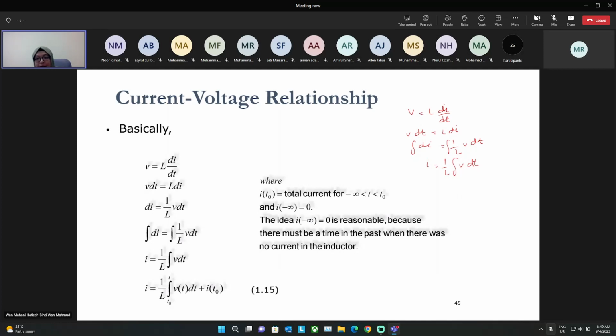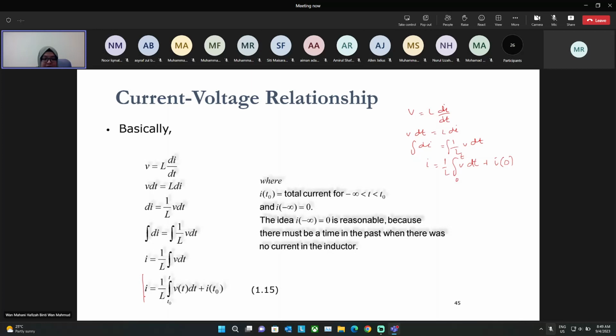When you do the integration, there is supposed to be an initial value. If you integrate from 0 to t, you need to add I at time 0. If the start is at 5 seconds, then it is I at 5 seconds, like the exercises we did for the capacitor.